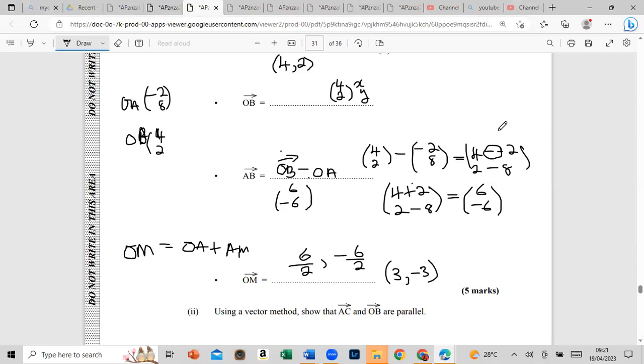OA was what again? It was negative 2, 8, plus AM, which is 1, negative 3, that we just calculated. So our final answer would be negative 2 plus 1, that's negative 1, and 8 minus 3, that's 5. So that would be OM.